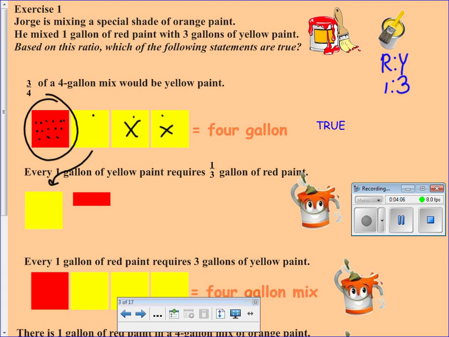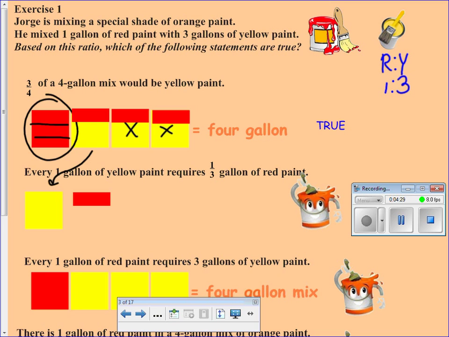Because I don't need all 3. So I would have to separate this into how many sections? So then I could take this, it would fit here. So that would be 1. That would fit there, 2. That would fit there, and 3.